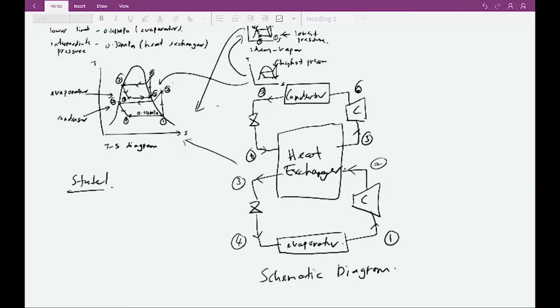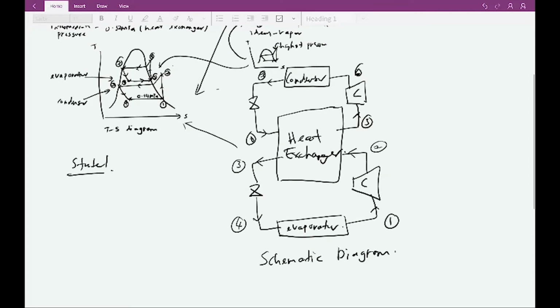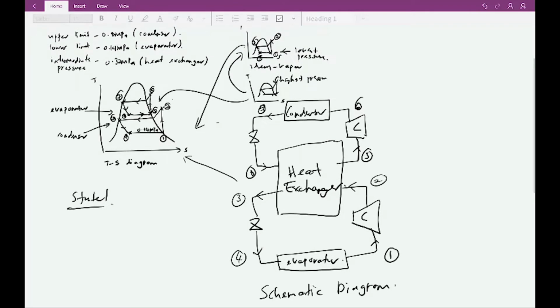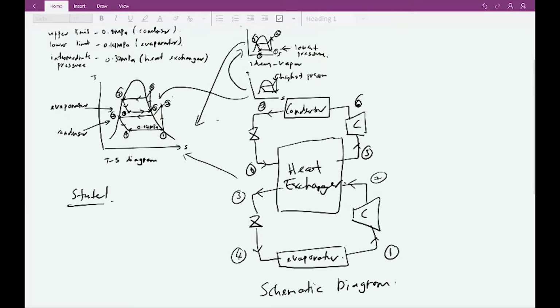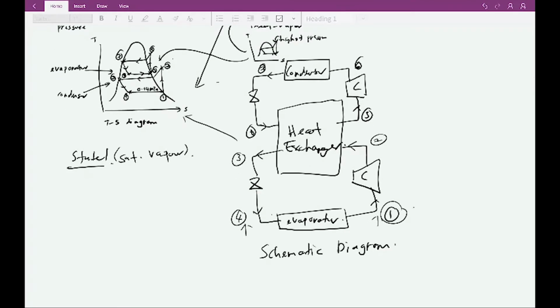Before we go to the property tables, we must understand what the state is from state 1 until state 8. From state 1, it exits the evaporator. So the refrigerant passes the evaporator and changes its state from liquid into vapor. So here at state 1, it becomes saturated vapor, which means it is fully vaporized.